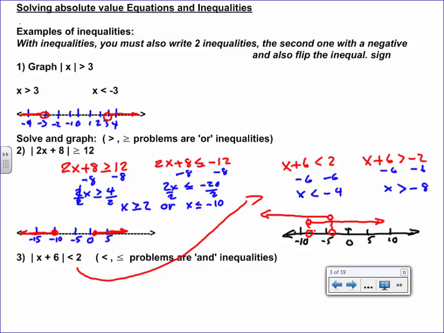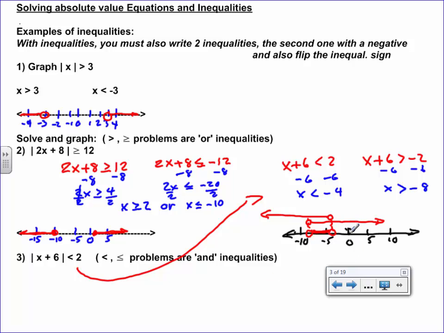So we shade the area where both are true, and the numbers between negative 4 and negative 8 will be true if you plug them into this absolute value equation. If you picked a number over here, or a number more negative than 8, it would not work.